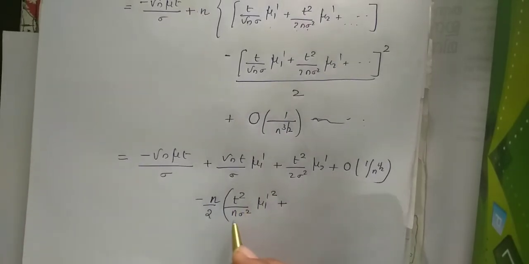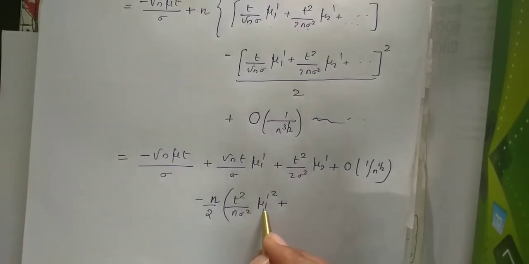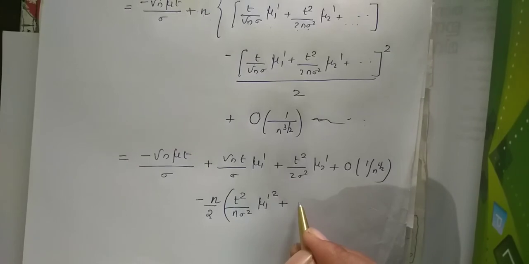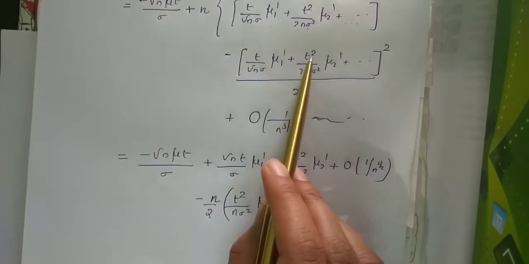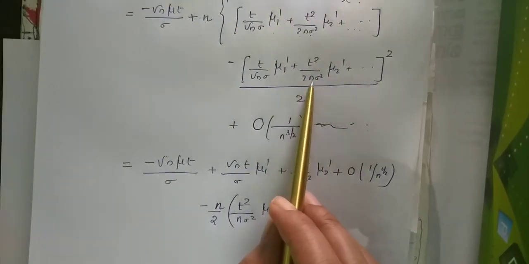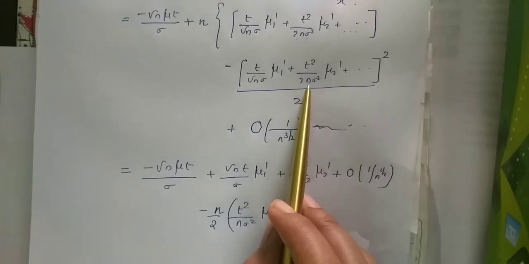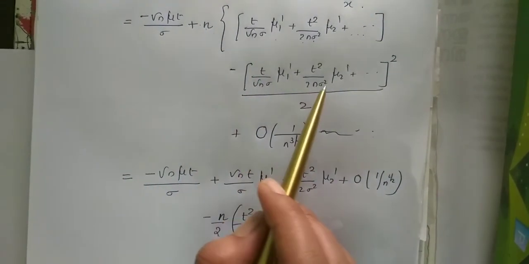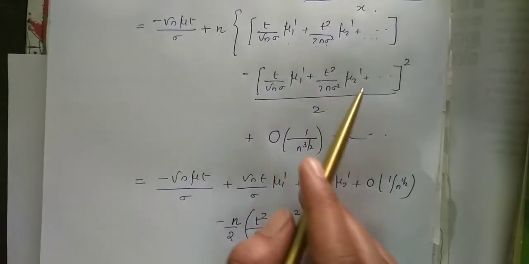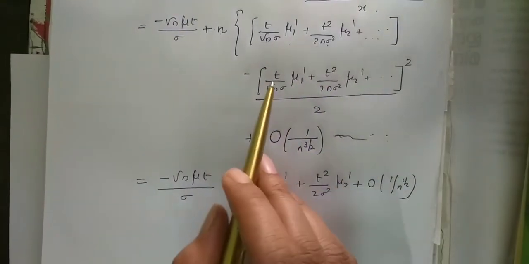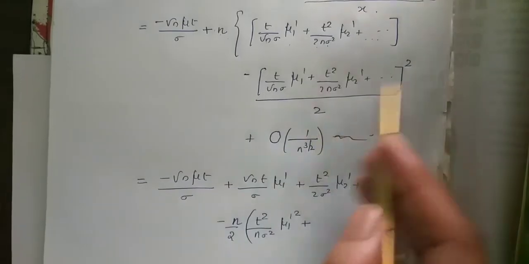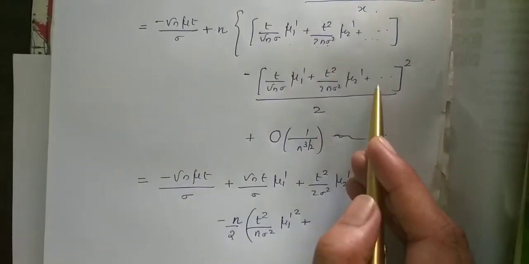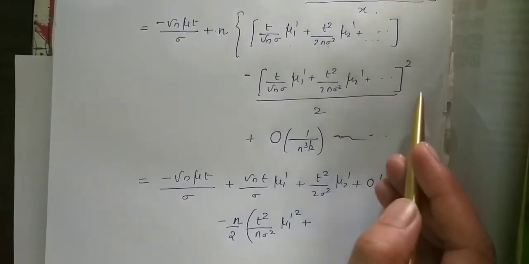Then t square by n sigma square into mu 1 dash square, plus next term will come t raised to 4 by 4n square. Then with 4n square, if you cancel, this n will be here, that term will vanish, so we are not writing that one. The next terms will have higher powers of n in the denominator, so there is no need of writing that.